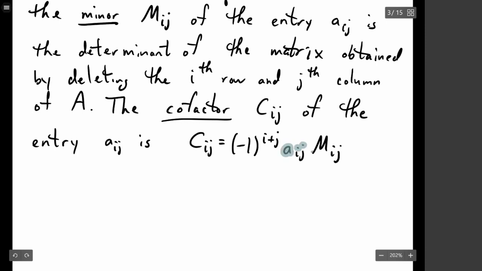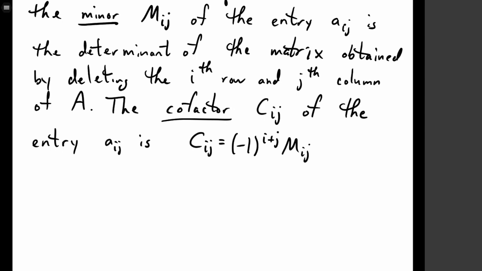Oh, sorry, no Aij, just Mij. Okay, so with these cofactors here, we can now write down a way to compute the determinant. These cofactors are basically just the minors of the matrix, but with a plus or a minus in it.